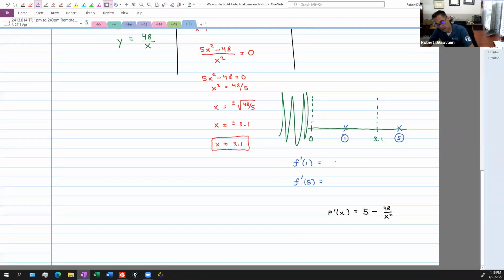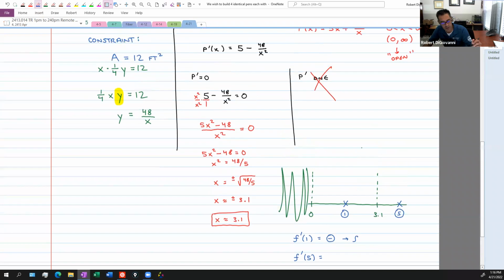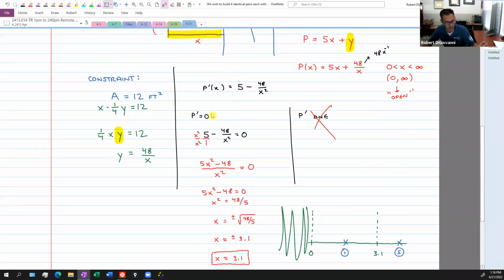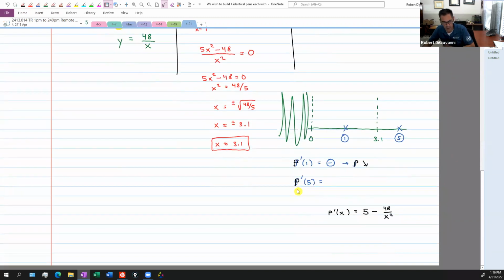So I know that when I plug in 1, I'm getting a negative number, and that tells me my original function, oh, I used f instead of p. Let's change it. P prime, sorry, I forgot what I was doing. So p prime, p is going down. Where else do I need to change it? I did it right here, p. I got distracted by my old office mate.